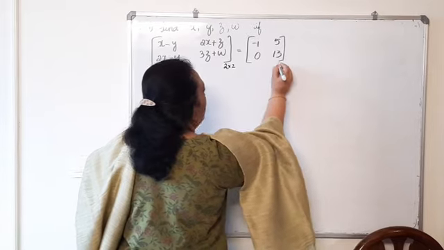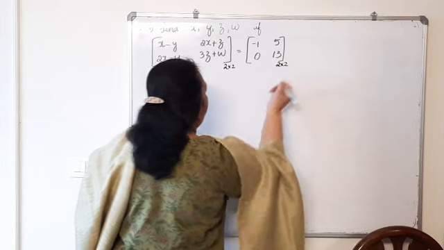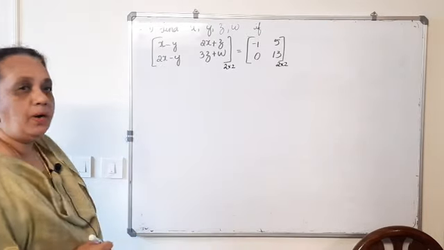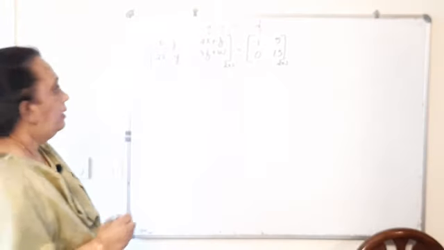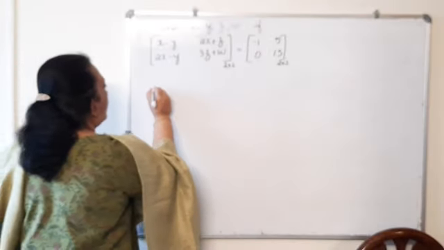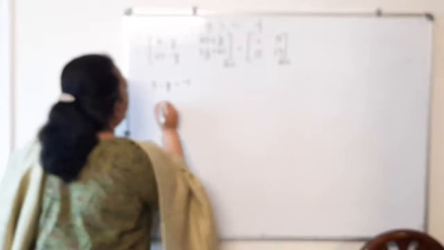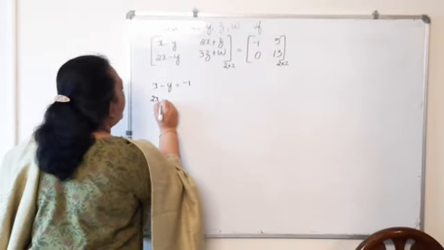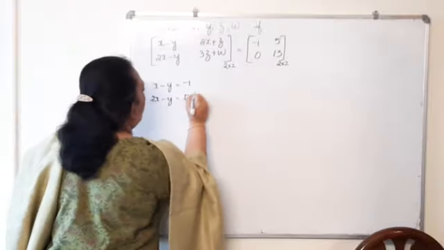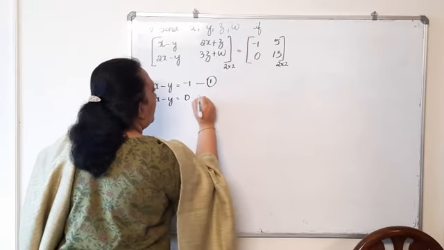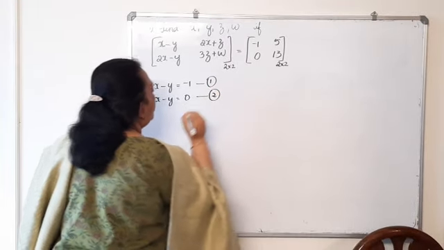Right hand side is also a matrix, its order is 2 by 2. That means the corresponding elements are equal. When the corresponding elements are equal, you can say x minus y is equal to minus 1, 2x minus y is equal to 0. Mark this as equation number 1 and this as equation number 2.